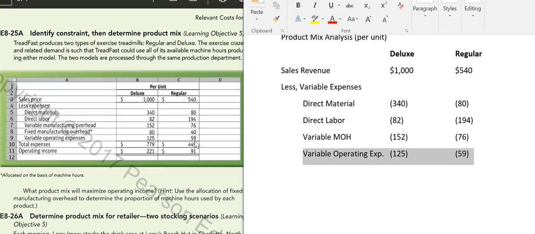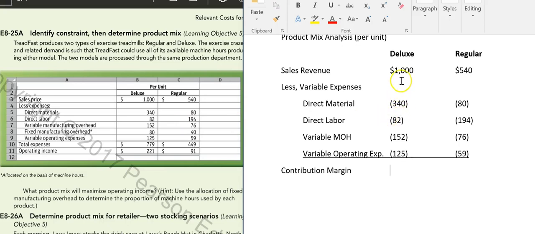So now you can figure out the contribution margin for both models. For the deluxe one, let's subtract all these expenses: 1000 minus 340 minus 82 minus 152 minus 125. Please take your calculator.